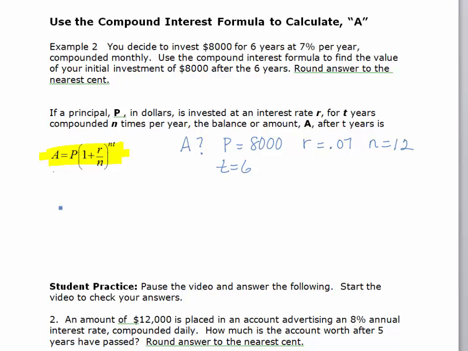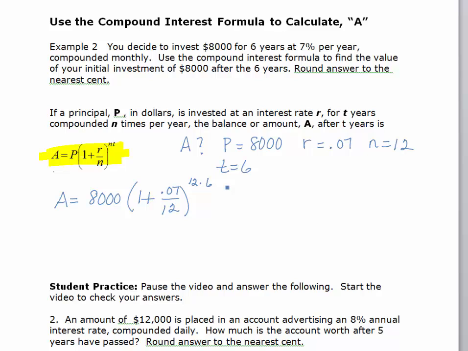So our job is to substitute into this formula and then evaluate it on our calculator. P is 8,000, times 1 plus r over n, so 0.07 over 12, to the 12 times t, which is 6.